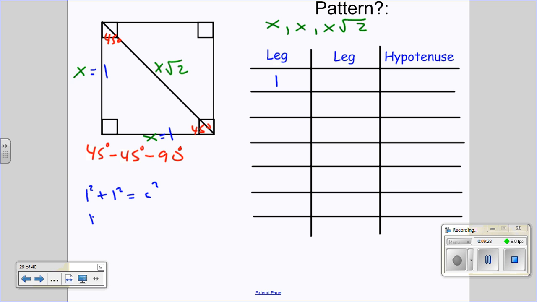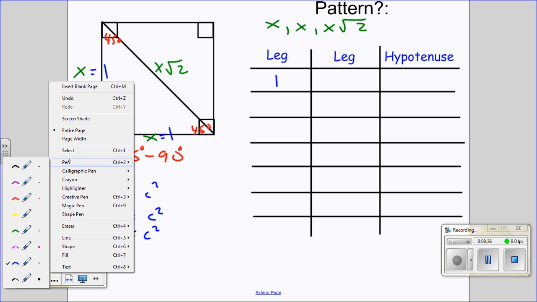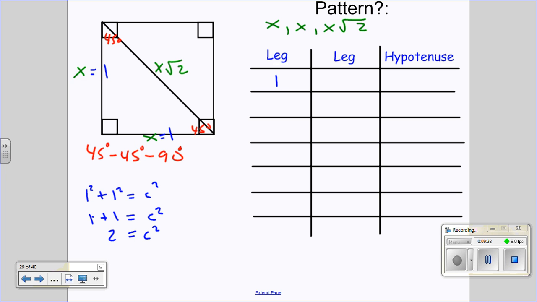And that's 1 plus 1 equals c squared. So 1 plus 1 is 2, right? And now, if I want to find what c is, I would have to take the square root, right? So the square root of 2 is equal to c. So that means my hypotenuse would be the square root of 2.